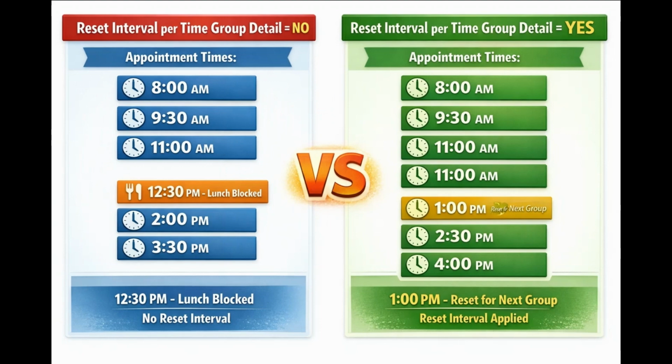If you set no, and the lunch break happens at 12:30, the next service will start at 2 p.m.: 8, 9:30, 11, 12:30 lunchtime, then 2 p.m. Lunchtime is only 30 minutes, so resources are available after 1 p.m. If you mention yes, in that case the resource is available from 1 p.m. So I hope it is now clear what the meaning of this option is by setting no and yes.